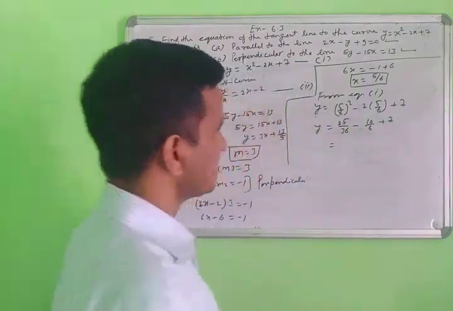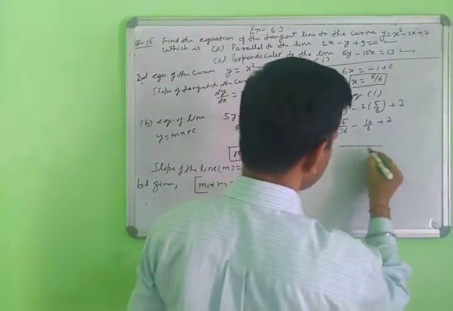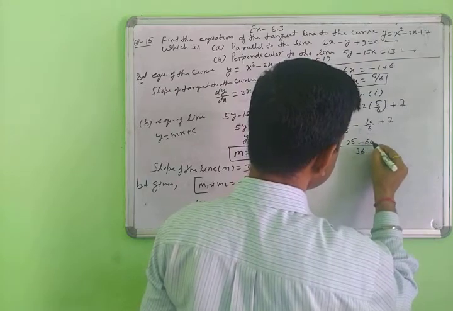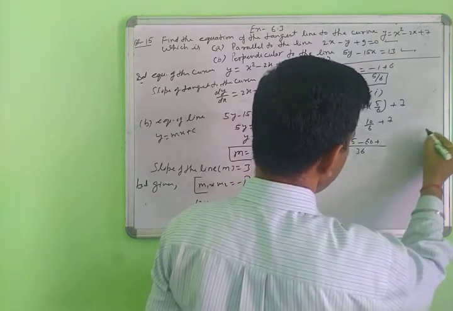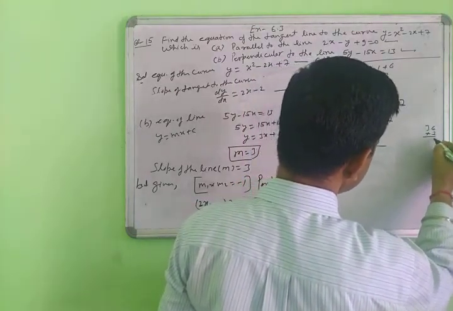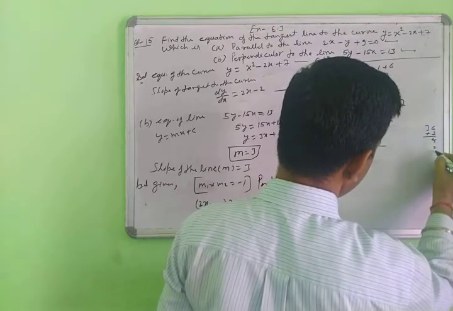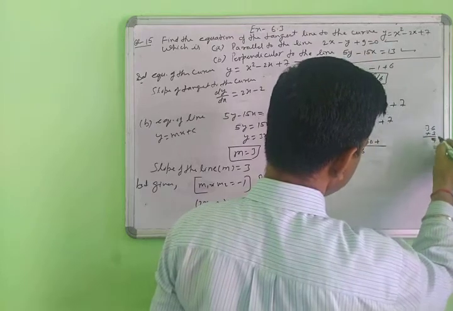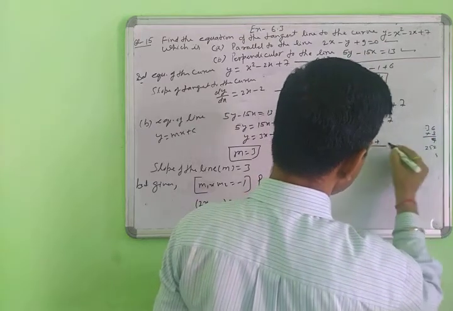Next, taking LCM here, 36. So 25, 10 6s are 60, plus 36 into 7. 7 6s are 42, carry 4, and 7 3s are 21 and 4 is 25, so 252.